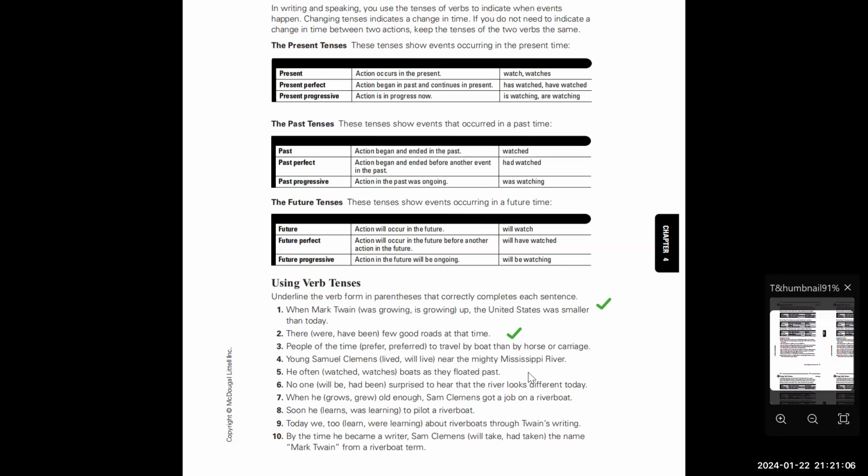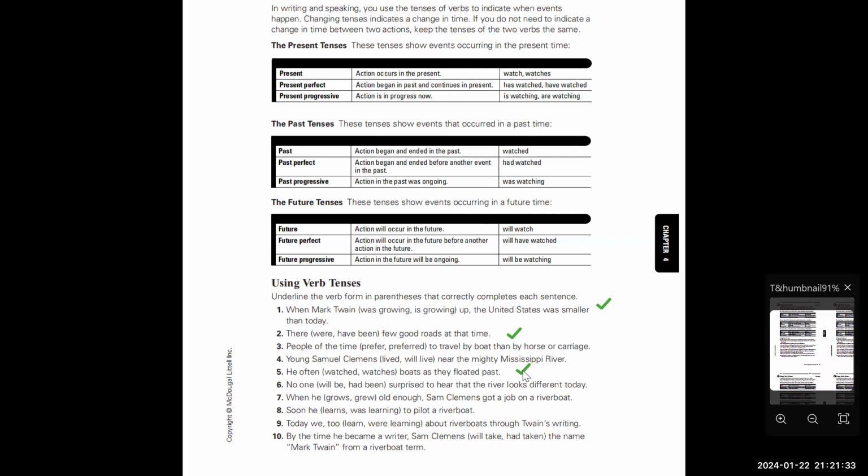If it's continuous, like a habit, right? So "often" means from time to time he's doing that thing. So that's why we have to put "watches." It's not "watch." It is "watches." Okay, next.